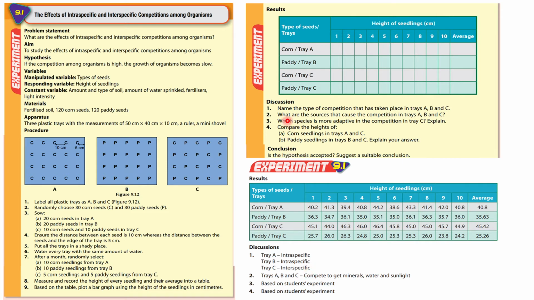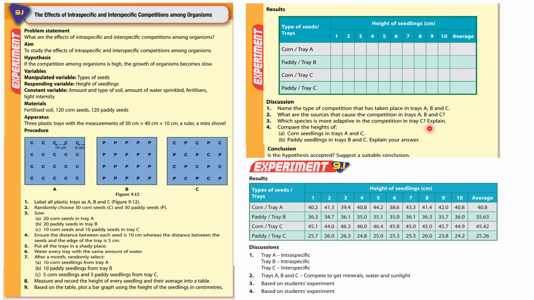Okay, look at question number 2. What are the sources that cause competition in A, B, and C? Okay, they are competing for minerals, for water, and also for sunlight. Okay, these are the basic needs. Okay, for number 3, which species is more adaptive?